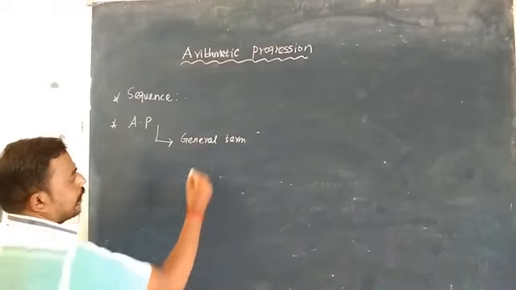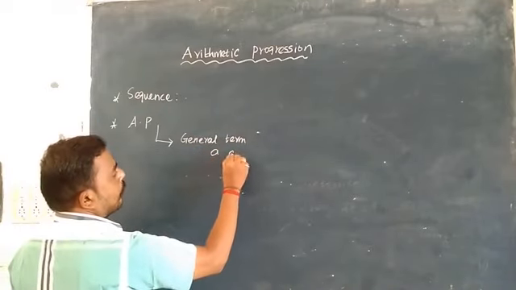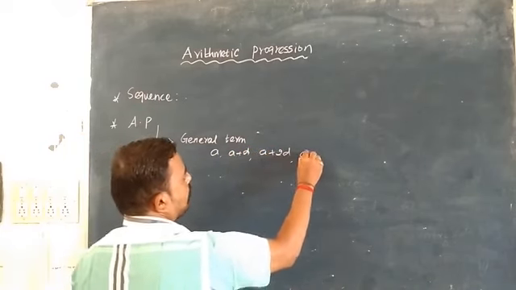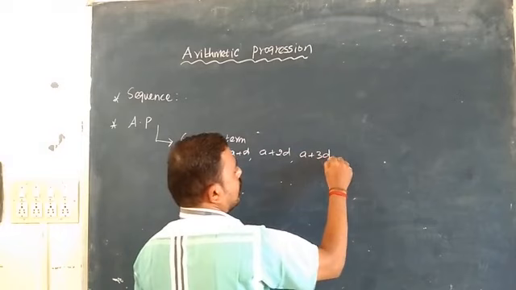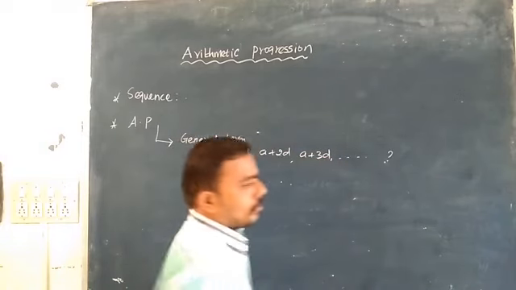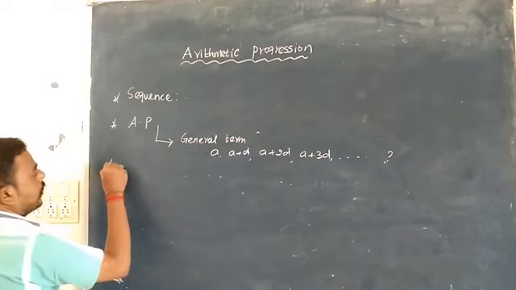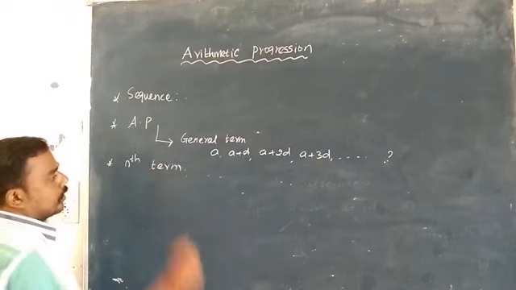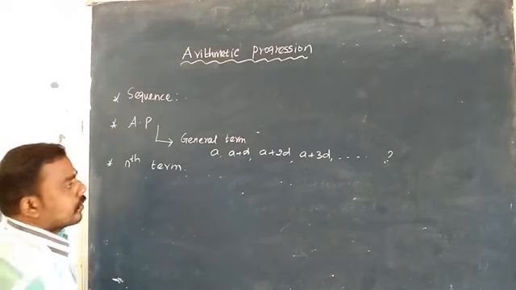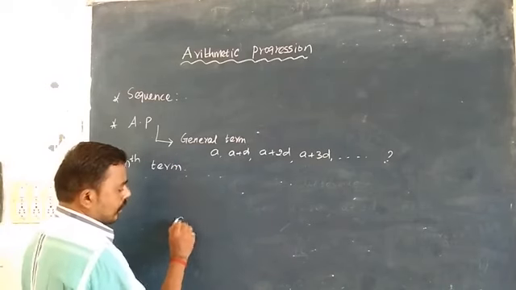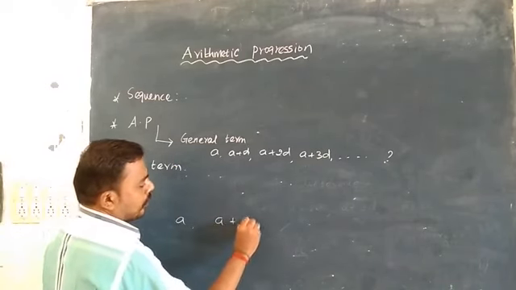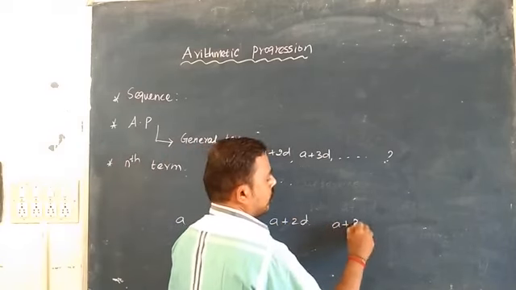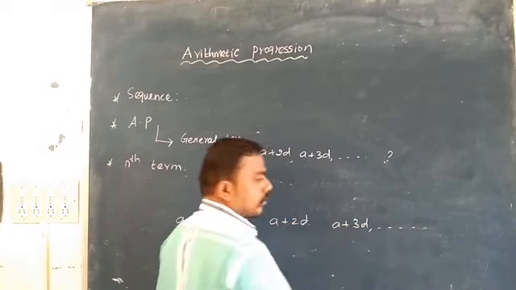So we studied A, A plus D, A plus 2D, A plus 3D and so on. This is the last number. Now we are going to study the nth term by using this general form. Already we studied A plus D, A plus 2D, A plus 3D and so on.